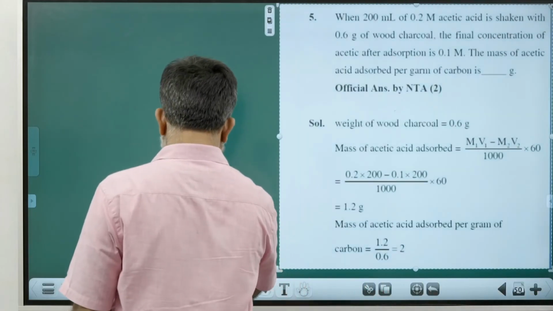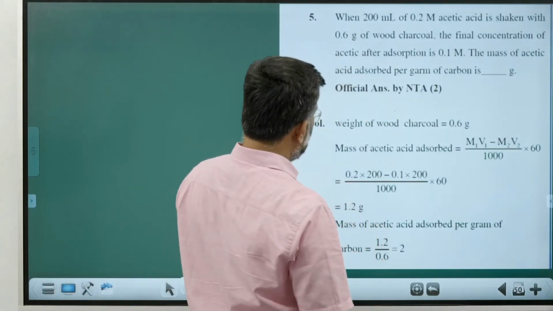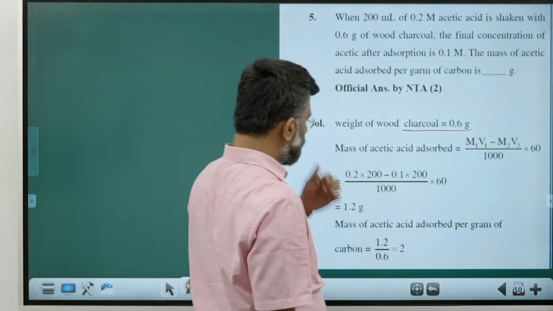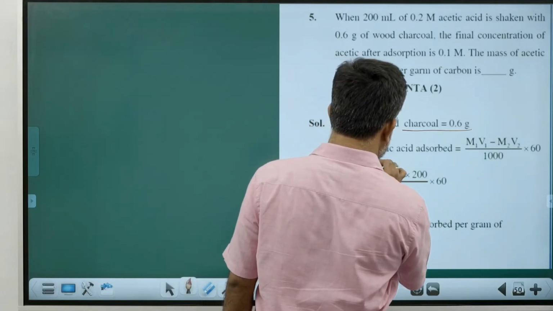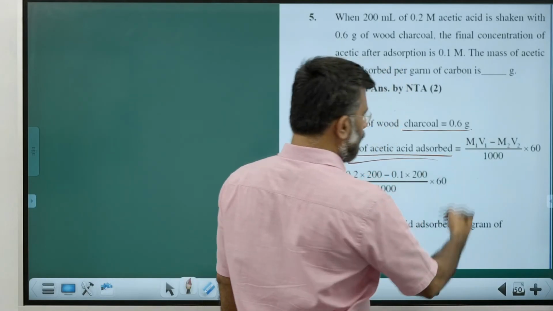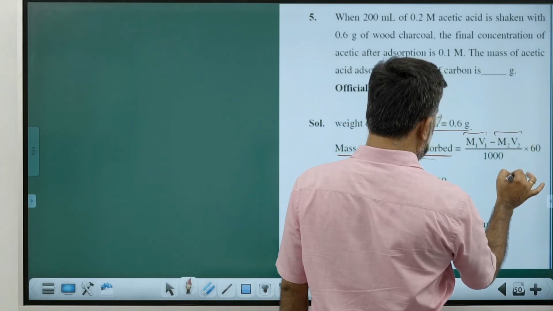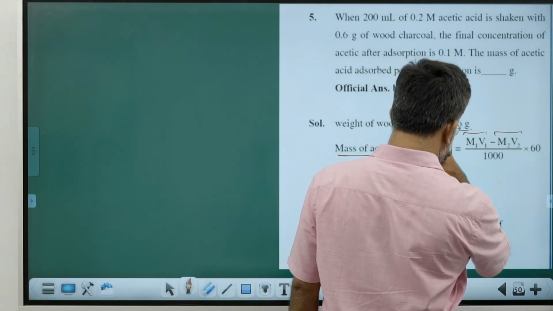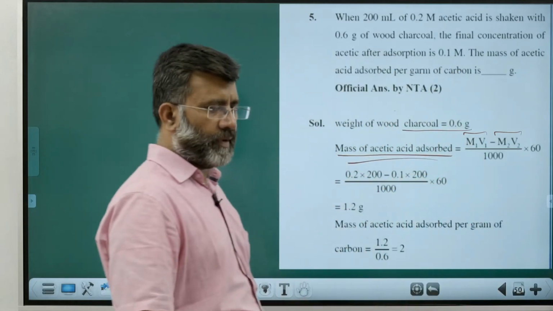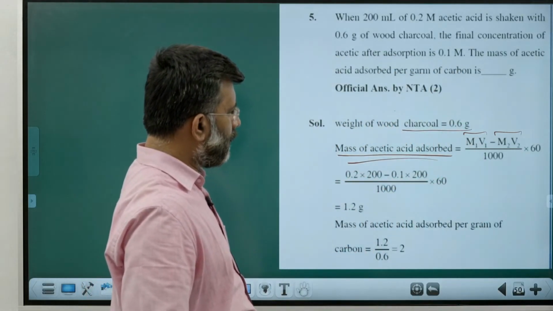The weight of wood charcoal is 0.6 gram. The mass of acetic acid adsorbed will be M1V1 minus M2V2 divided by 1000.